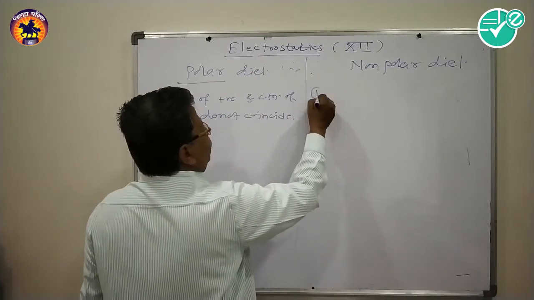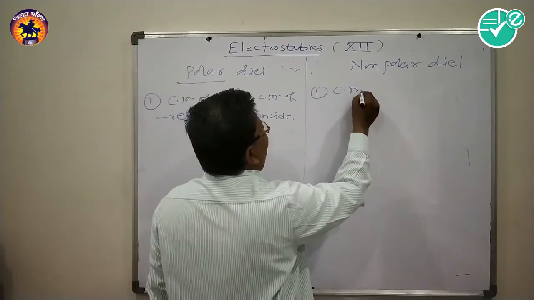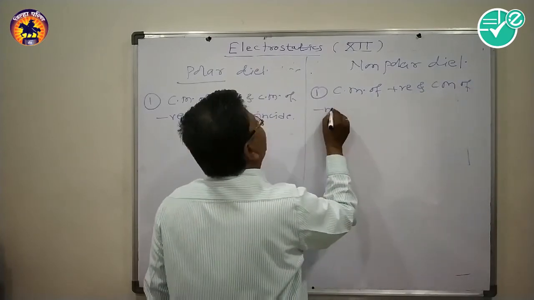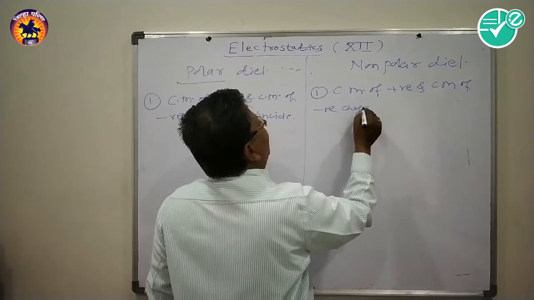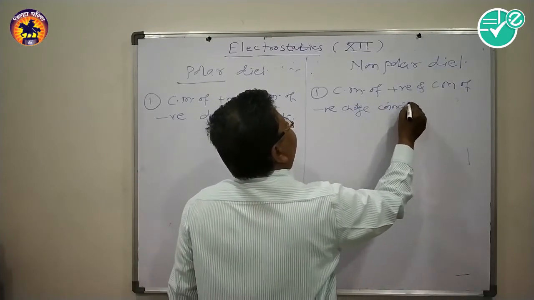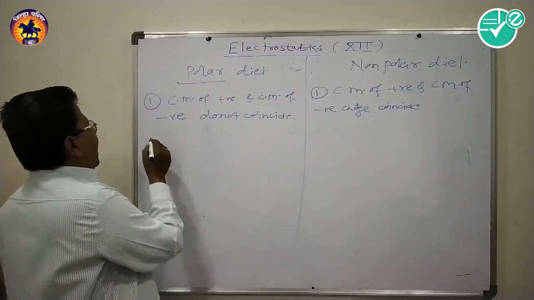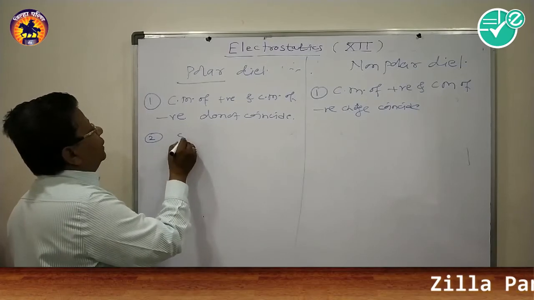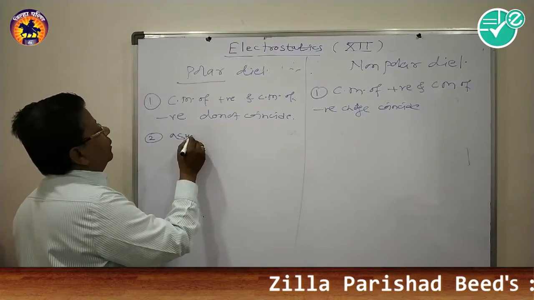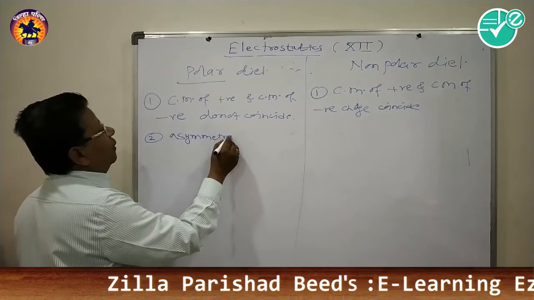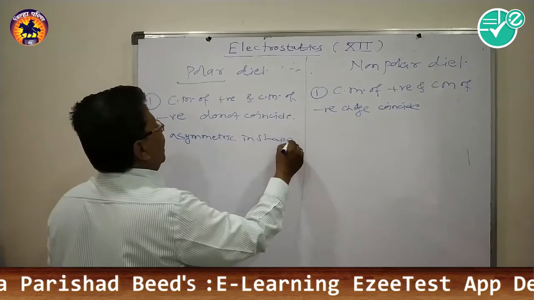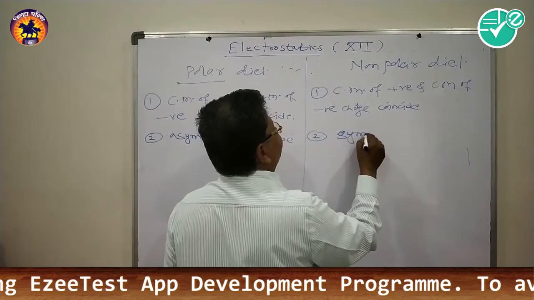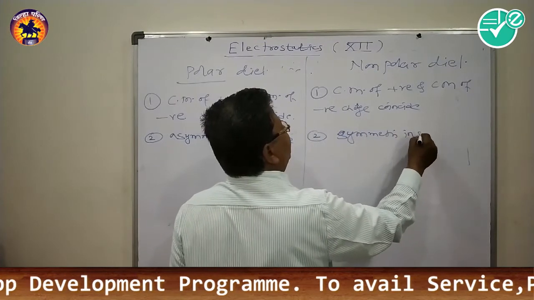And in case of non-polar dielectric, the center of mass of positive charge and center of mass of negative charge coincide. And the polar dielectrics are asymmetric in shape, and these non-polar dielectrics are symmetric in shape.